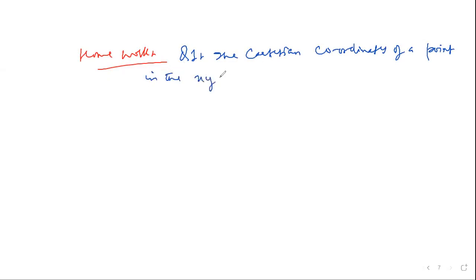Question first. The Cartesian coordinates of a point in the xy plane are equal to minus 3.5 comma minus 2.5 meter.